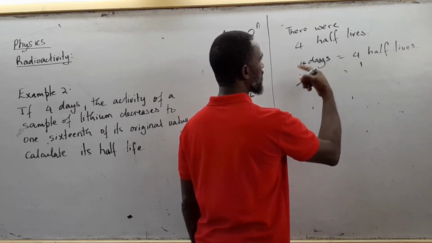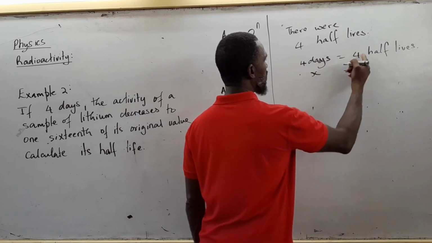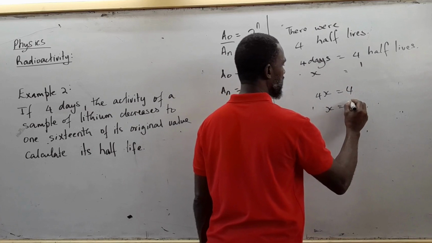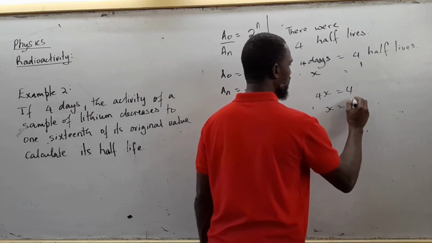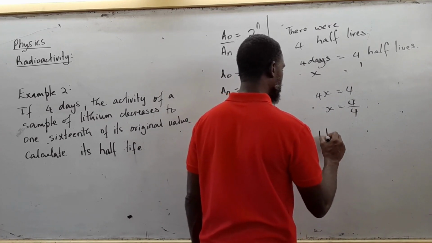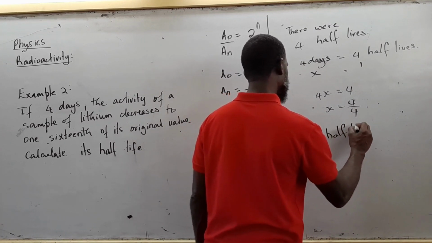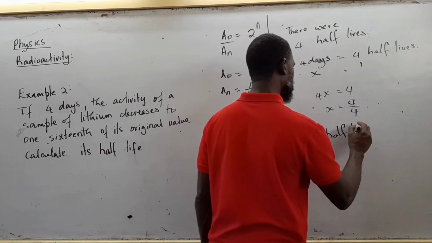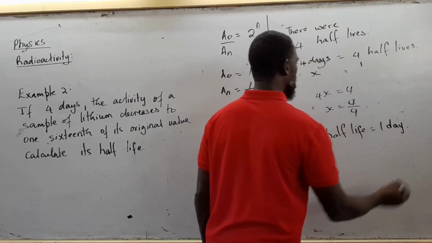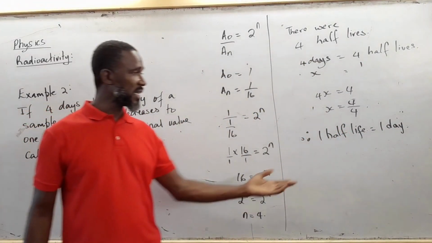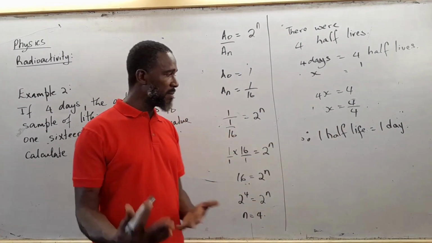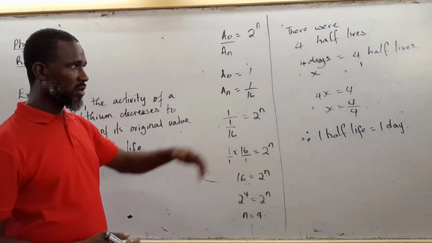If we cross multiply, 4x is equal to 4, so x is equal to 1, which is 4 divided by 4. So therefore 1 half-life is equal to 1 day. Alright? So therefore the half-life of lithium in this case is going to be equal to 1 day. And basically that's just how we do it algebraically.